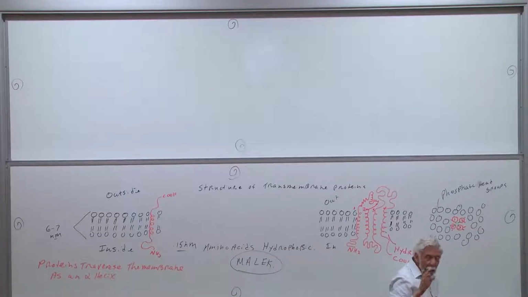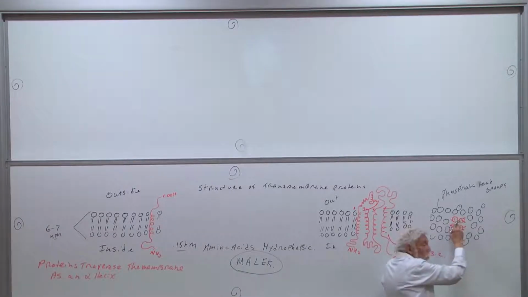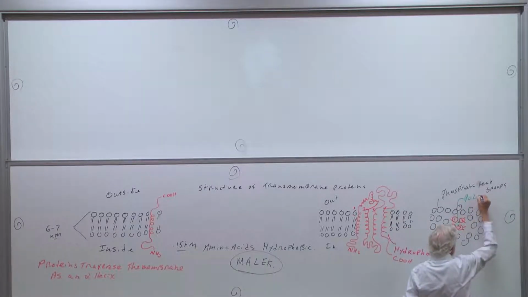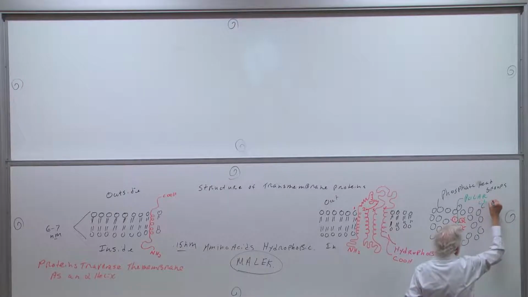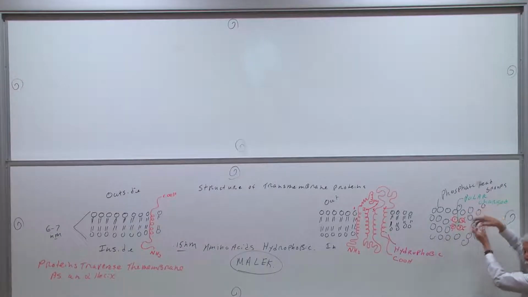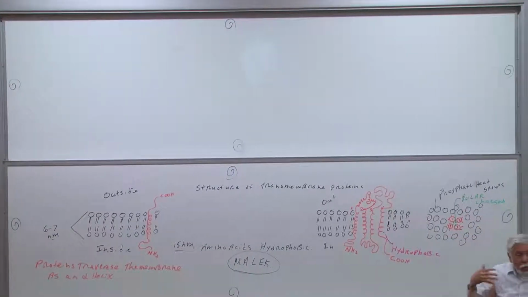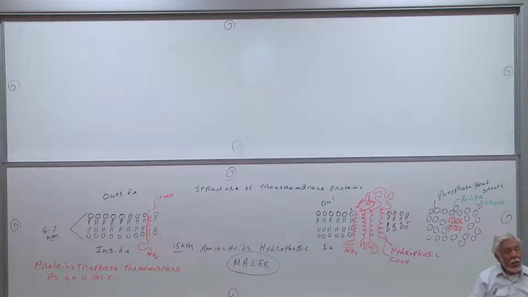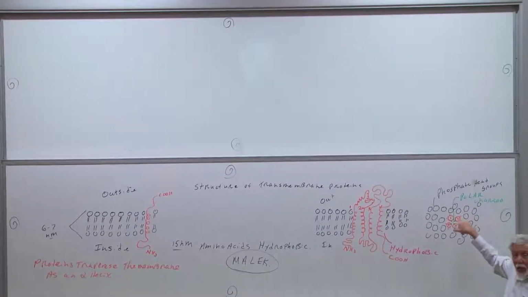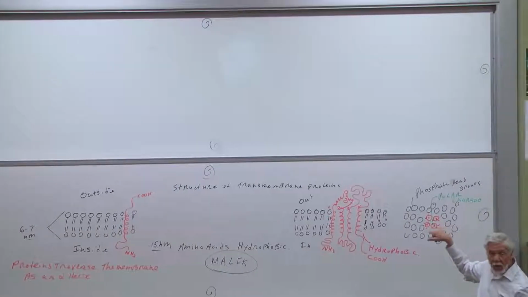Predominantly, now it's not always the case, but predominantly we find these R groups that are pointing inward are going to be polar or charged. If these R groups pointing inward are polar or charged, they now can interact with water. Because they can interact with water, they provide a hydrophilic pathway across the phospholipid bilayer.